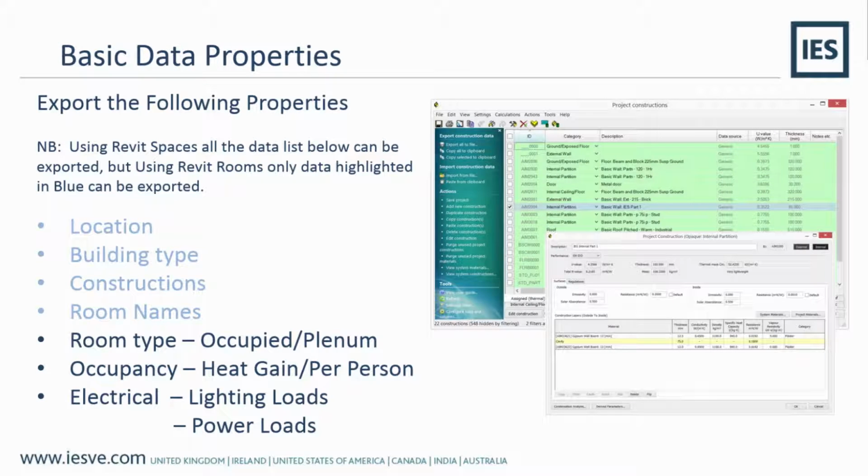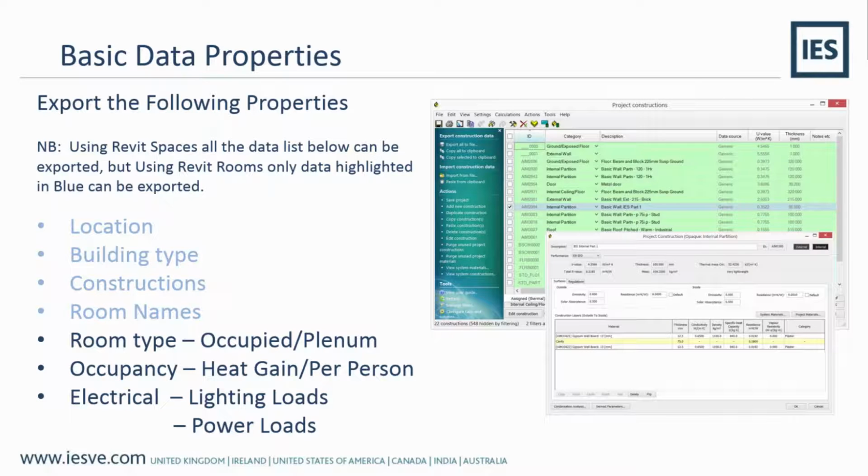So once you've run through the basic modelling, you're looking at the data that you can actually export. You've got different options depending on what you're choosing. If you're using Revit Rooms, you can use the first options there: location, building type, constructions and room names.